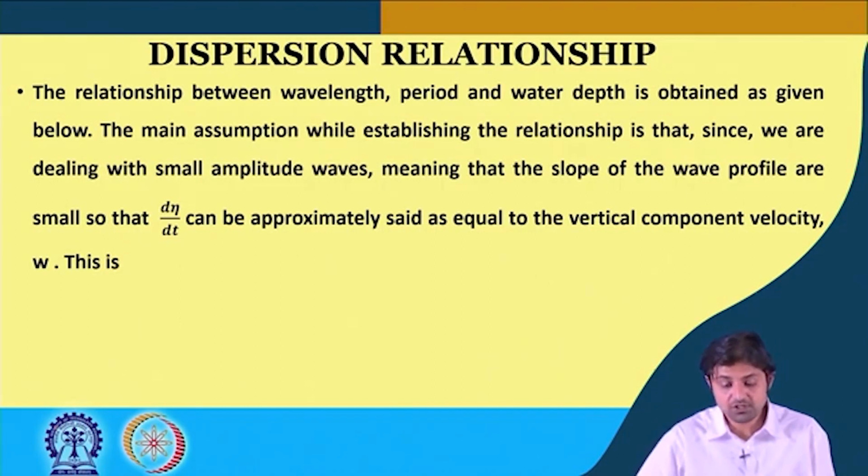The main assumption while establishing the relationship is that we are dealing with small amplitude waves, meaning that the slope of the wave profile is so small that d eta by dt can be approximately said equal to the vertical component of the velocity w.